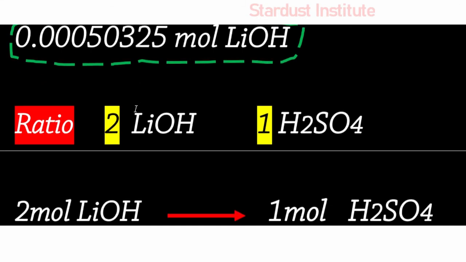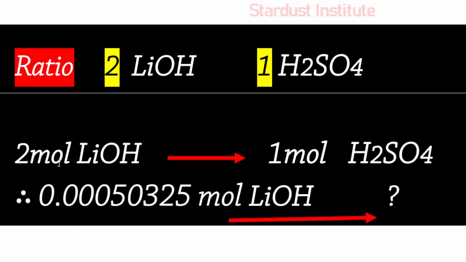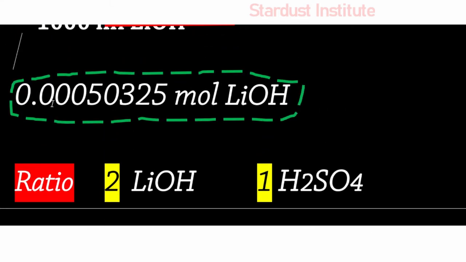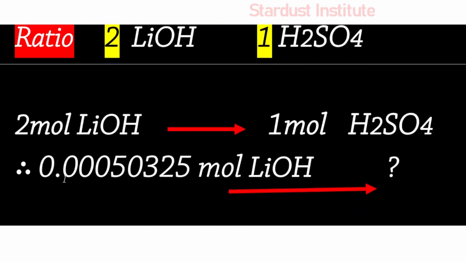We know the ratio. We have found it earlier. To react with 2 moles of lithium hydroxide, 1 mole of H2SO4 is required. Now we have 0.00050325 moles of lithium hydroxide. Then to react with this, how many moles of H2SO4 are required?